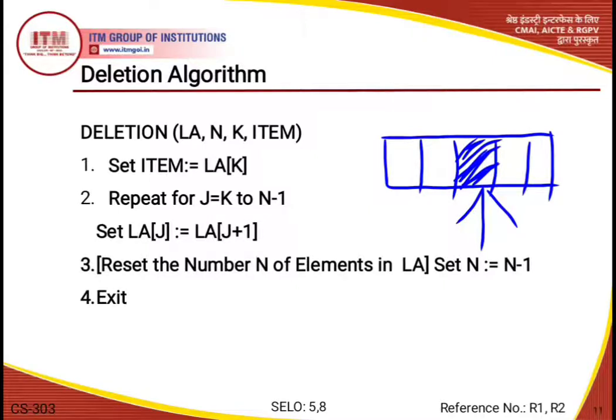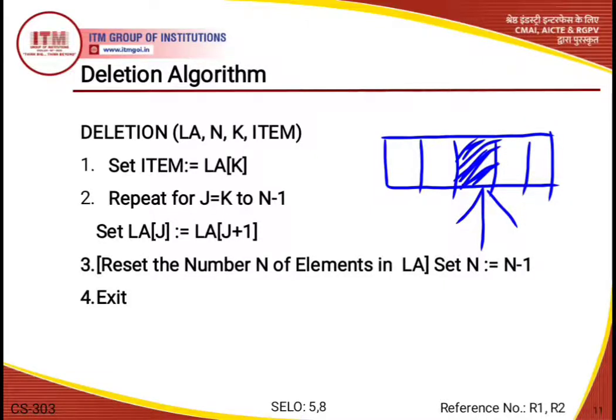Again, if we are talking about the number of elements, say there are 5 elements in the given array, like 1 2 3 4 5. Whenever we talk about position, it is the 0th position, 1st, 2nd, 3rd and 4th.